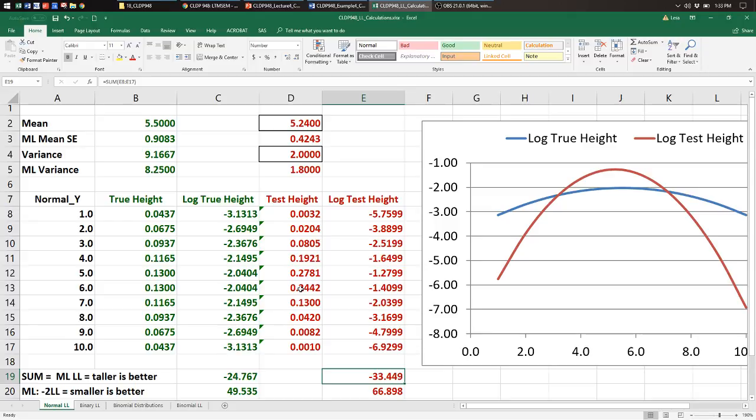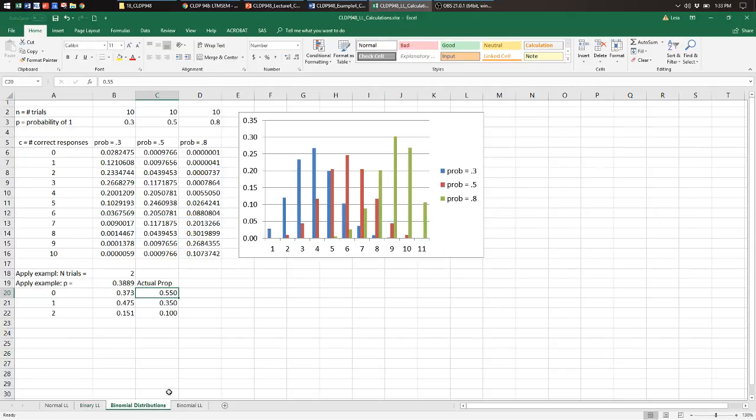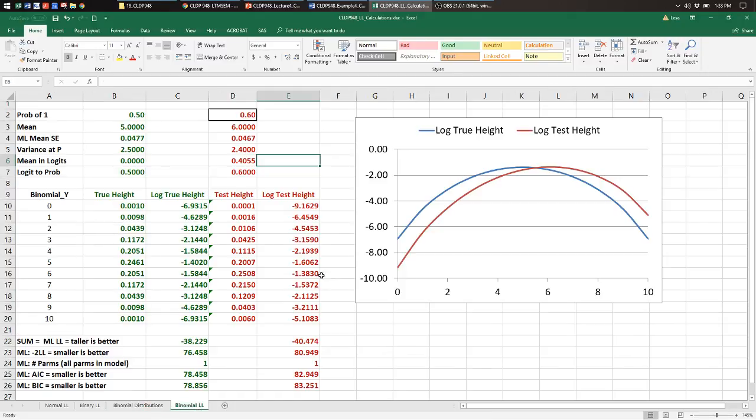And this is a normal distribution, but you can do it for, on the next tab, here's what it would be if you have binary data. Here's what it would be if you have binomial data and the binomial log likelihood. So each of these heights is tied to the particular formula that you used, and the formula is the distribution it came from.